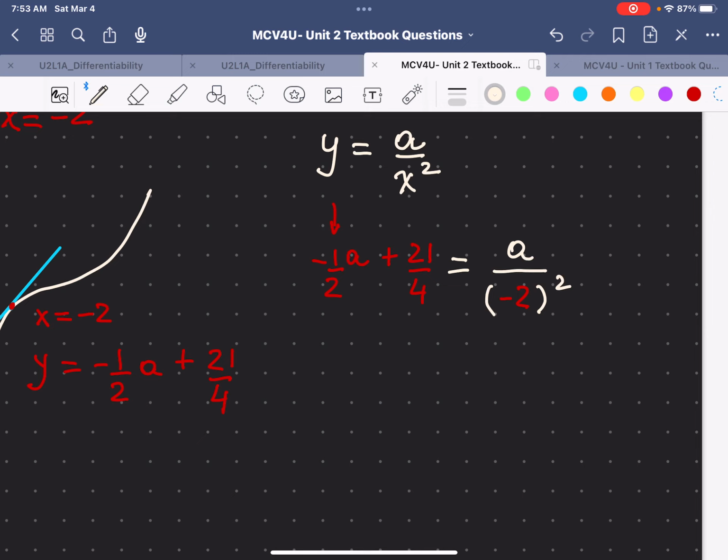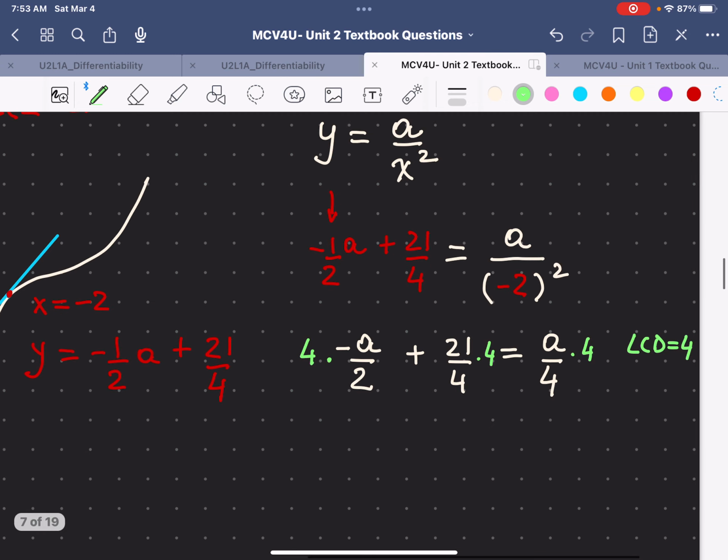So as you can see here, we have negative a over 2. I'll write this as a single fraction because it's easier to use this in solving the equation. Plus 21 over 4 equals a over 4. So you see that the lowest common denominator here is 4. So we'll eliminate the denominator by multiplying every term with a 4.